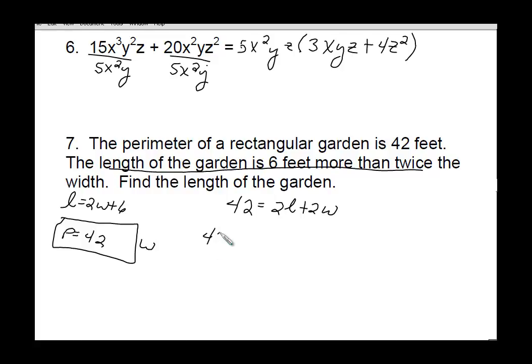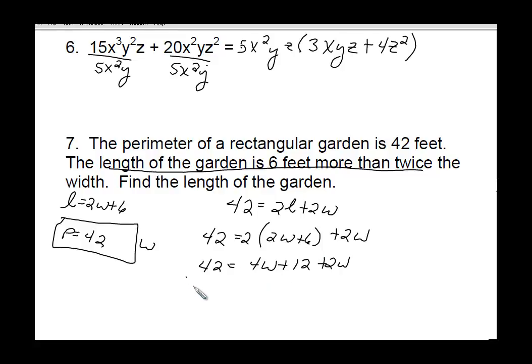And then we're going to use substitution to solve this. So you have 2 times 2W plus 6, plus 2W. This is review for you, should be. 42 then is equal to 4W plus 12, and you still have your plus 2W.